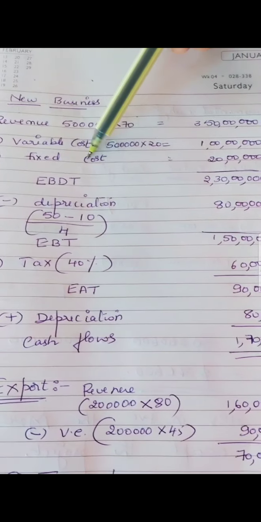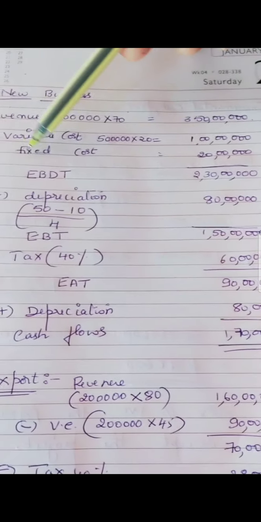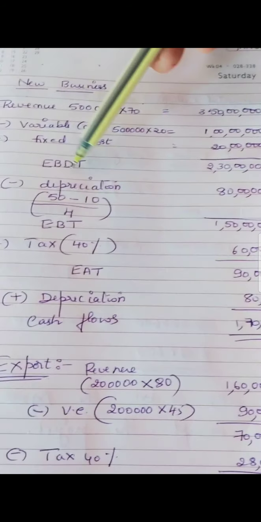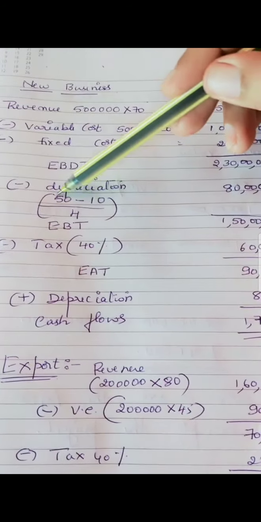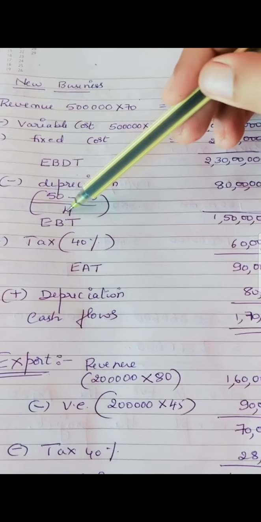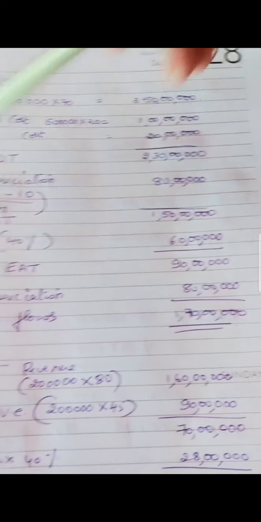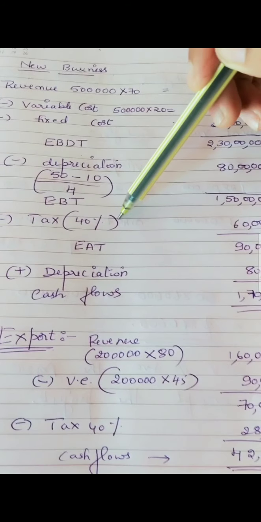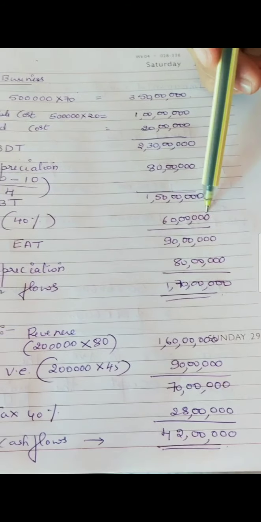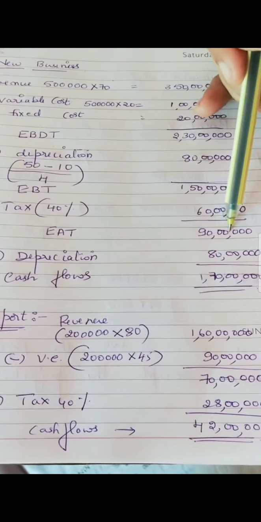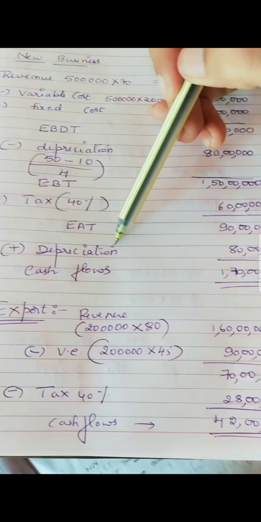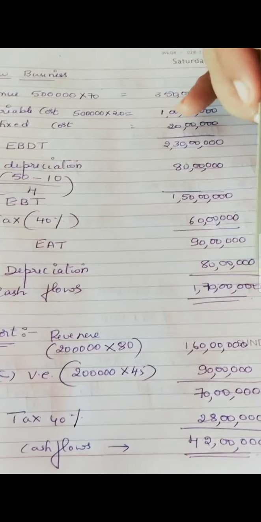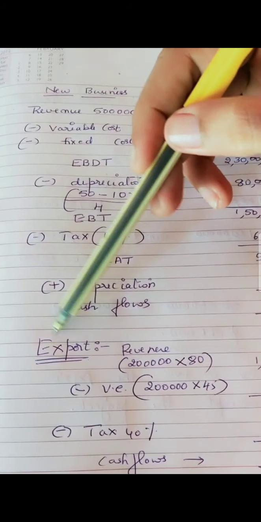Next, minus the fixed cost, which is given directly, and then you get earnings before depreciation and tax. First we have to depreciate: 50 minus 10, the salvage value, divided by 4 life, and you get EBT. From that you deduct the tax. 40% is the tax rate, so you get earnings after tax. Finally, add back the depreciation because we need the real cash flow. So we get 1 crore 70 lakhs.